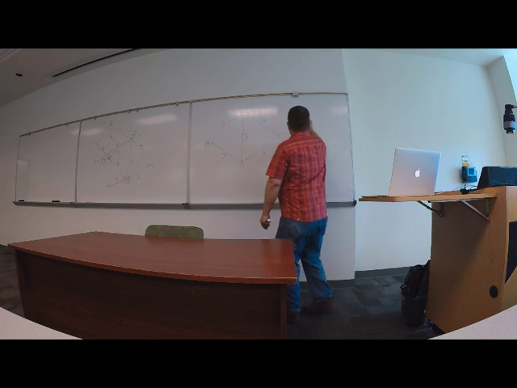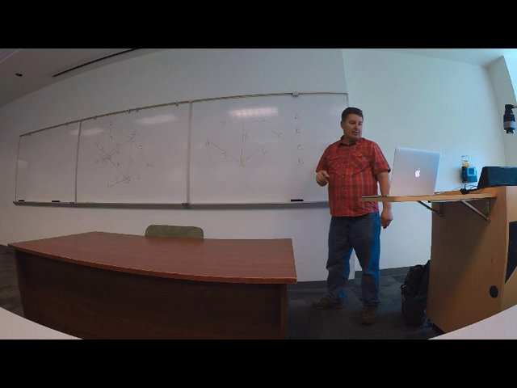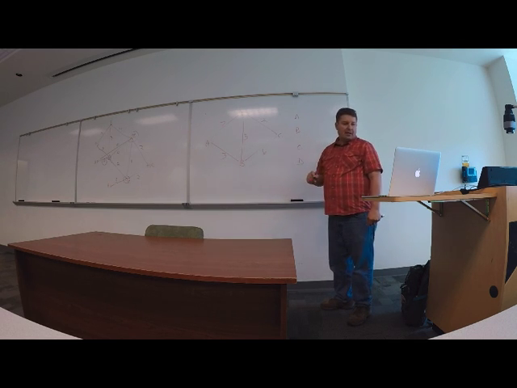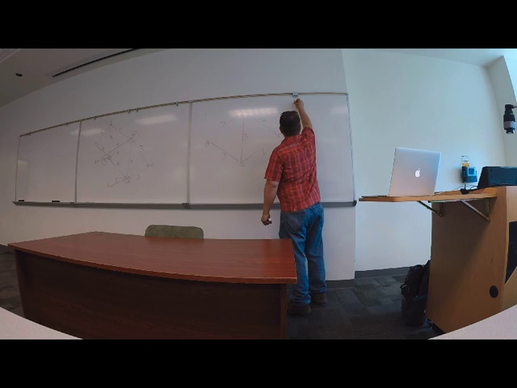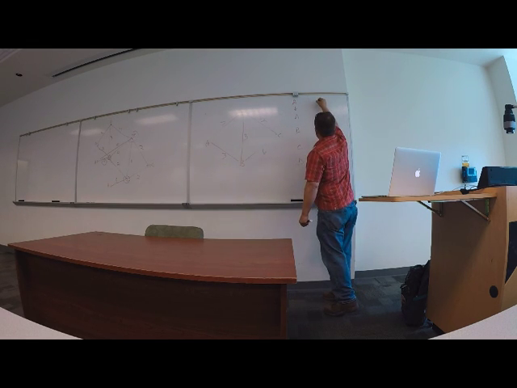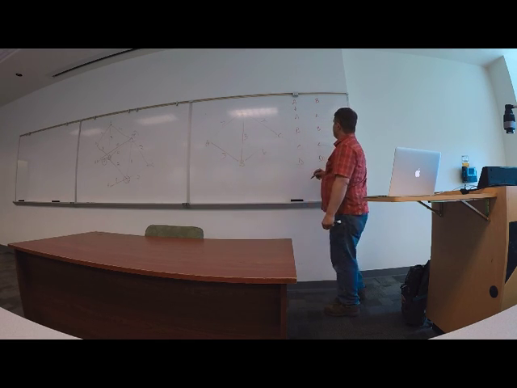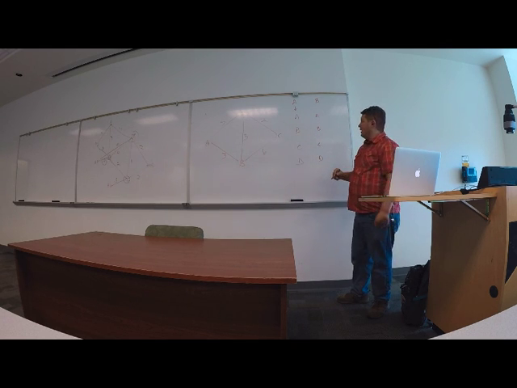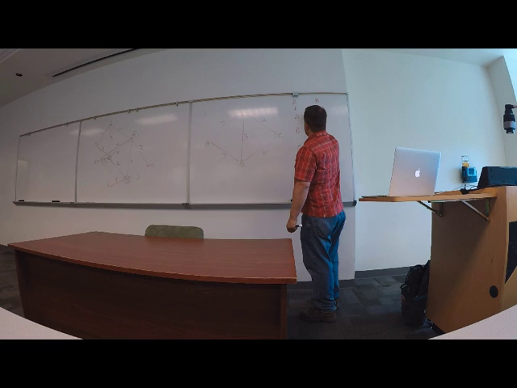But so let's have A, B, C, and D, and this is going to be A's table. And let's look at B's table. We'll also have A, B, C, and D. So init, A knows what? A knows itself as 0.